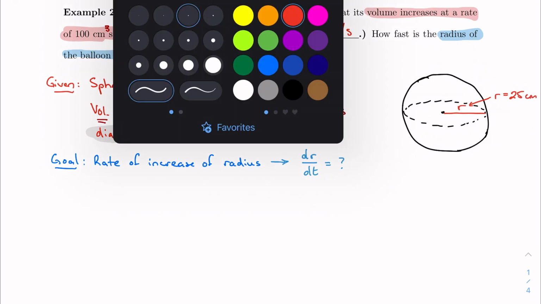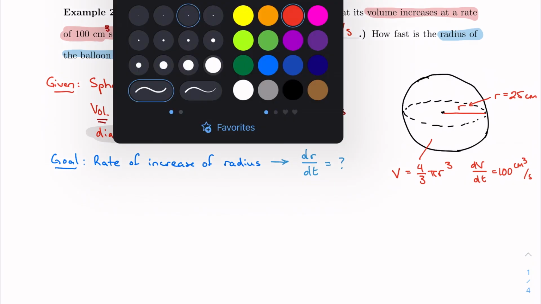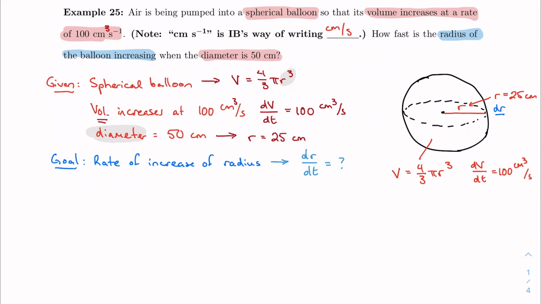We know that the volume is given by 4/3 pi r cubed, and that the rate of change of the volume with respect to time is 100 centimeters cubed per second. I'm being asked to solve for the rate of change of the radius.